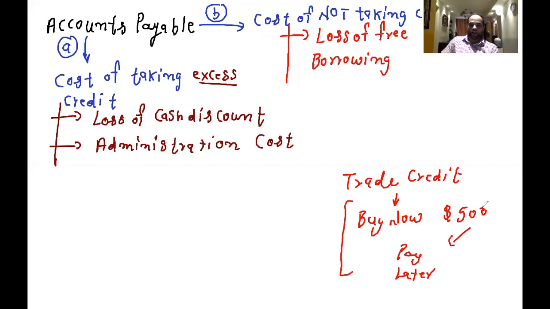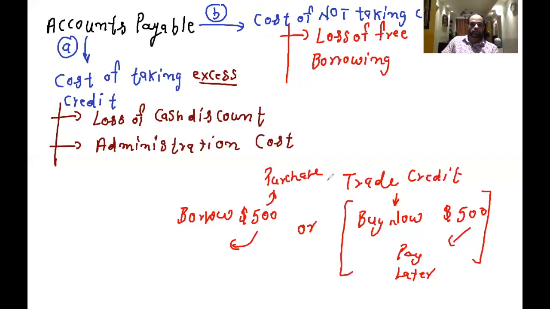If you don't want trade credit, you believe in cash, maybe you borrow money, which is $500, and you purchase your raw material, your supplies, and you return this $500 back. Let's say 10% rate of interest, which is 550. So if you borrow money and then purchase, you have to pay an extra $50.